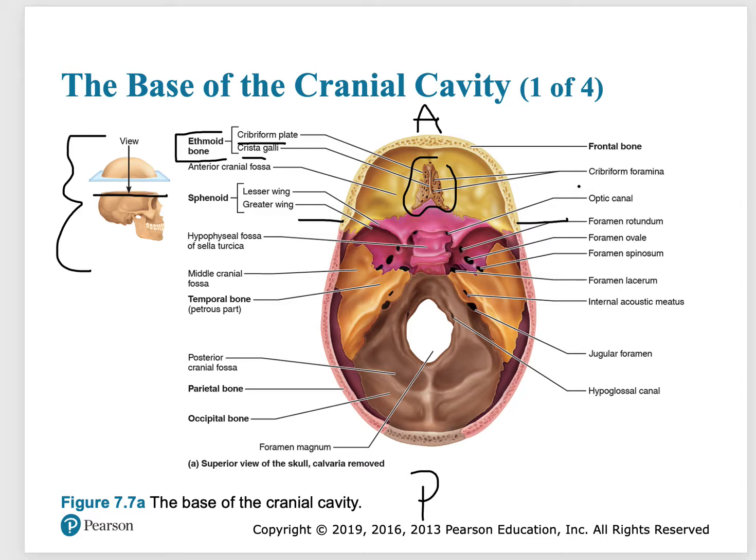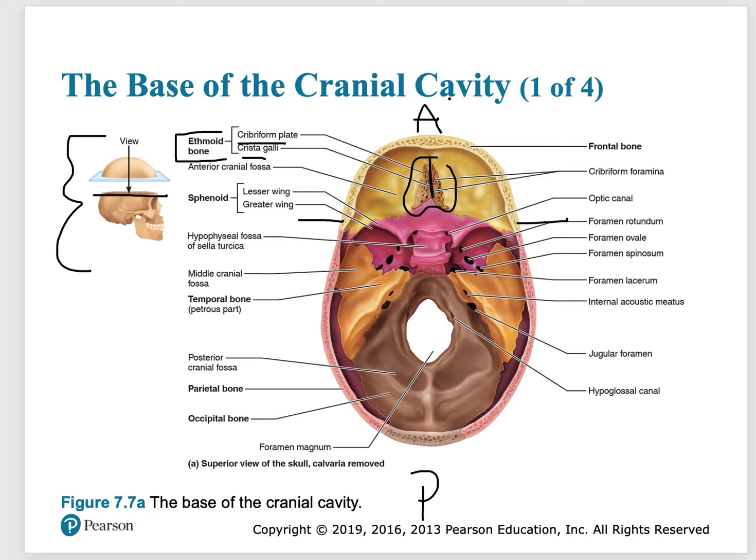So anything that's a foramen or foramina plural, those are holes. So the most important thing, we have the ethmoid bone, which consists of the cribriform plate, which is all this brown right here, and then the little line that goes right down the middle. This is going to be the crista galli, all right? So pretty much just three major things to know about that anterior cranial fossa, all right?